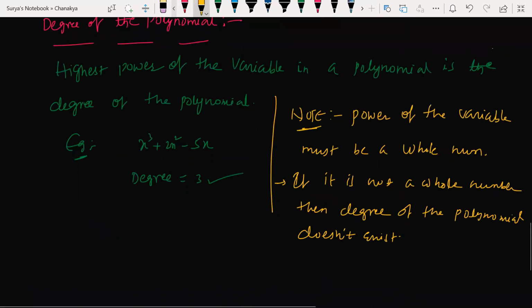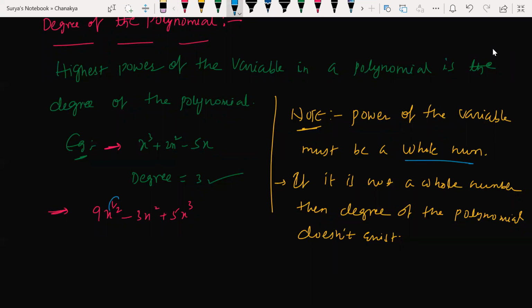Understood my point? Look at this here now. For saying a polynomial, beta, suppose you say 9x to the power of 1 by 2 minus 3x square plus 5x cube. Now tell me whether it is a polynomial or not. It is not a polynomial. What I told: power of the variable must be a whole number.